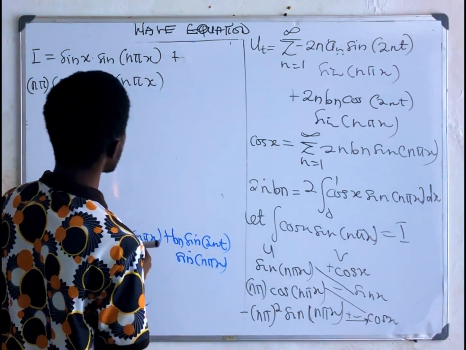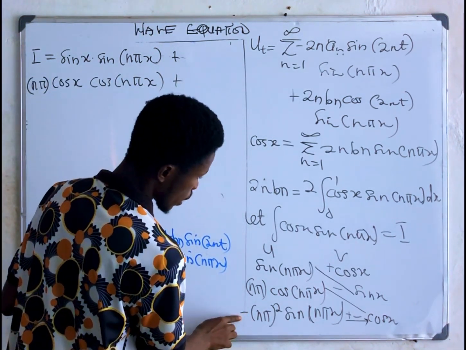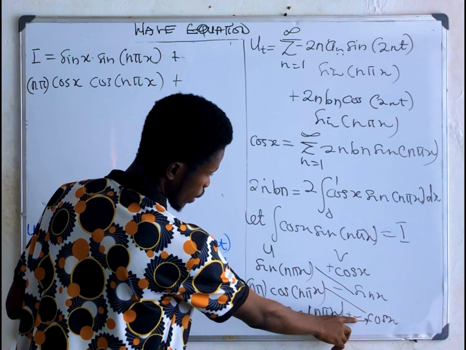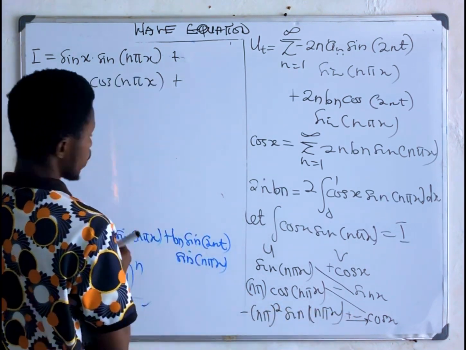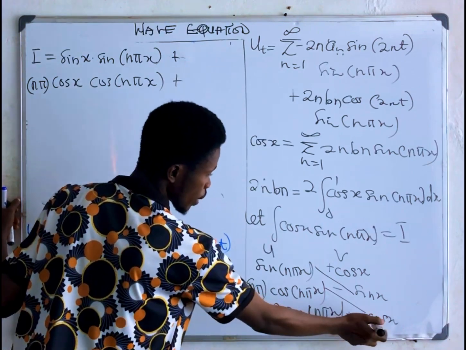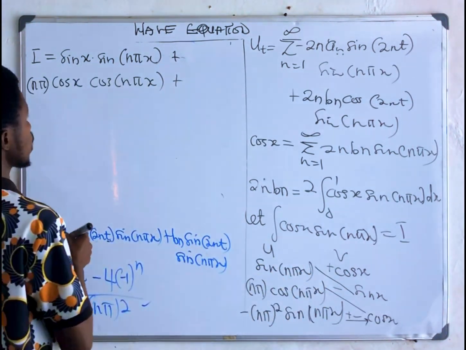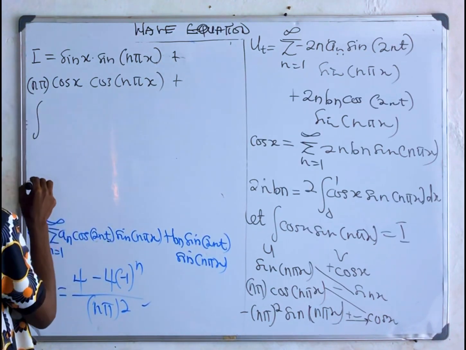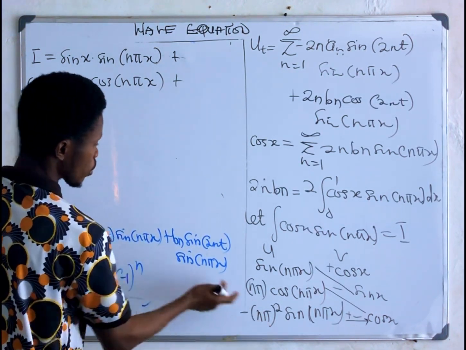Then the last one is going to be plus, because this is negative, multiplied by another negative here. That will be positive. Now the last one, you see that it's coming back to this. So you bring the integral sign again. So here is going to be the integral of, you see, this is constant, so I can bring it out.